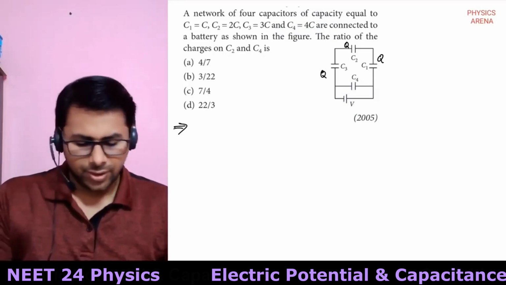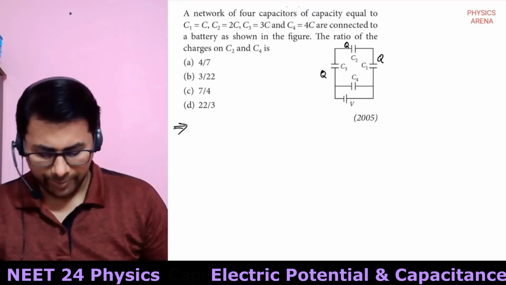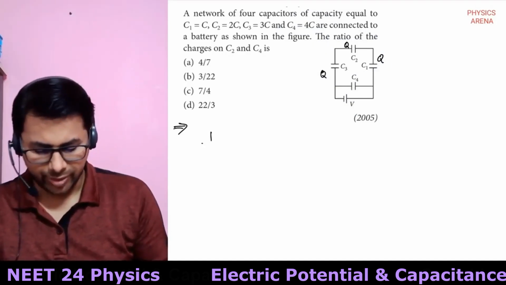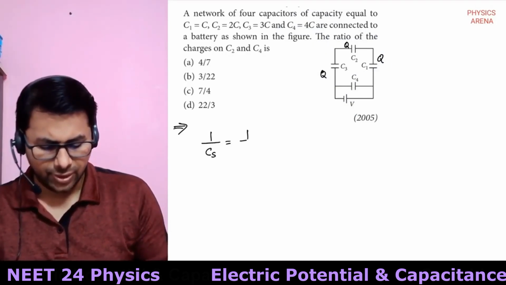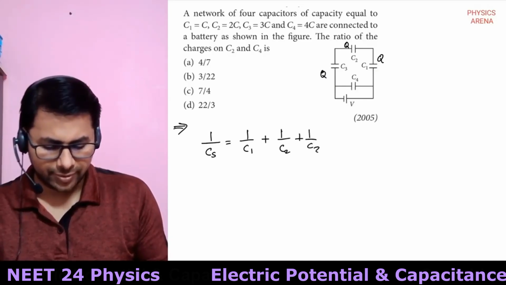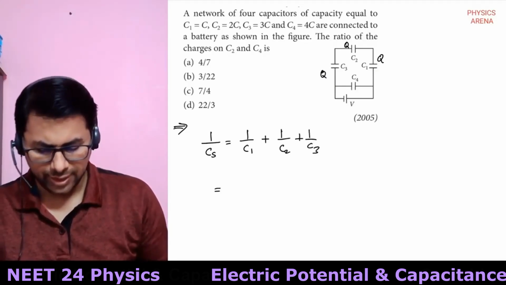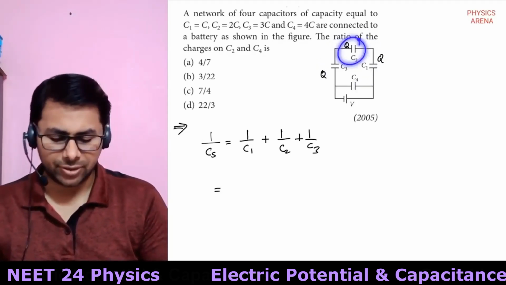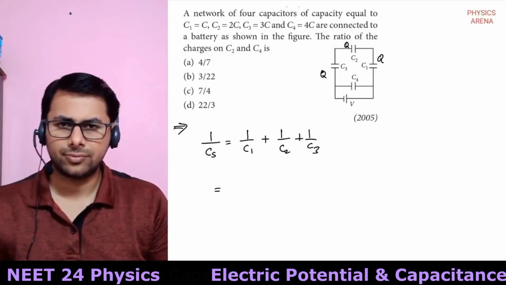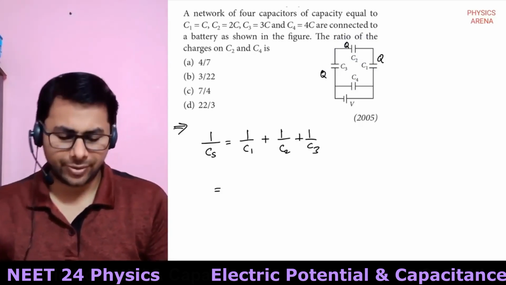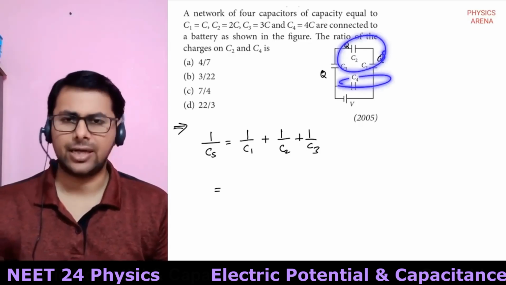Okay. So we can find out the series combination. 1 upon Cs is equal to 1 upon C1 plus 1 upon C2 plus 1 upon C3. Whatever is charged on this series combination, same will be charged on C2. Then we can find out that charge and divide by charge on C4.